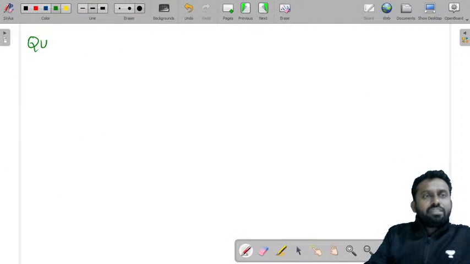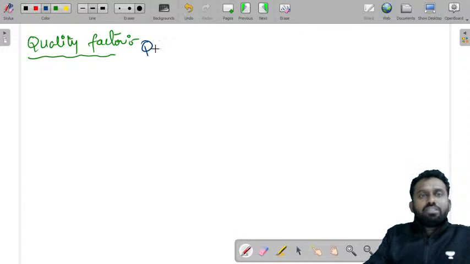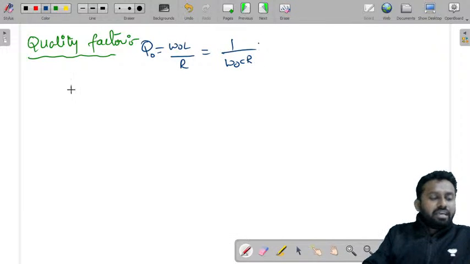So if you look at the quality factor, you can just write it down. Quality factor Q is equal to omega naught L by R, or 1 by omega naught CR.